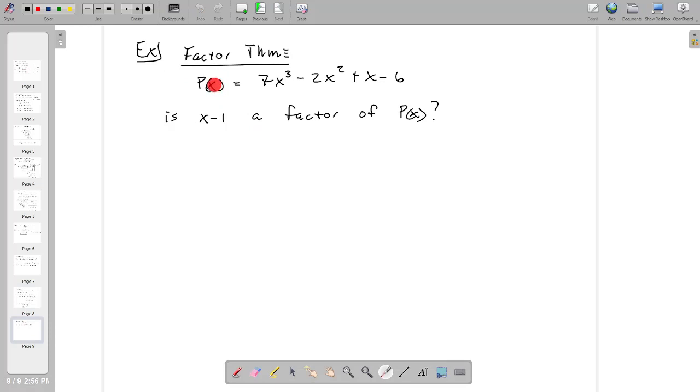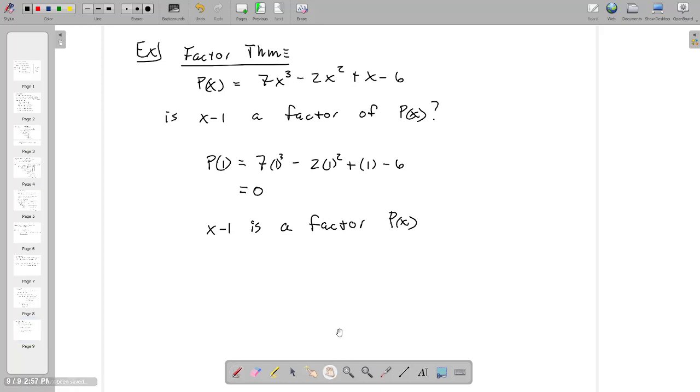So if we plug in 1, we should get 0 as a result. So our c being 1, of course. P of 1 will equal 7 times 1 cubed minus 2 times 1 squared plus 1 minus 6. 7 minus 2 plus 1 is 6, and 6 minus 6 is 0. So this is true. X minus 1 is a factor of p of x.